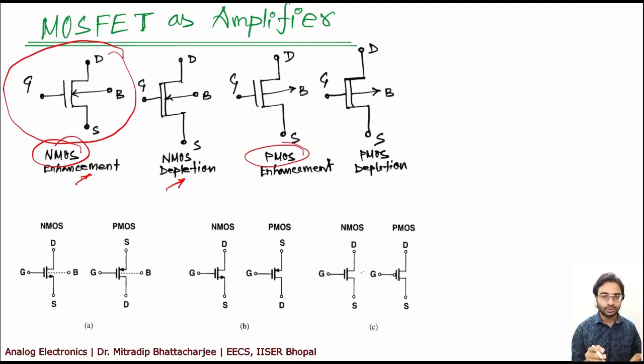So you have NMOS enhancement type, NMOS depletion type, PMOS enhancement type, and PMOS depletion type. These are the typical symbols that we will be using in the course.